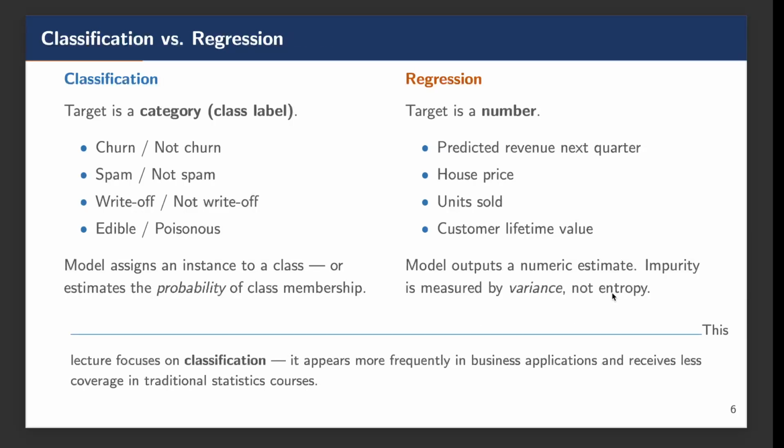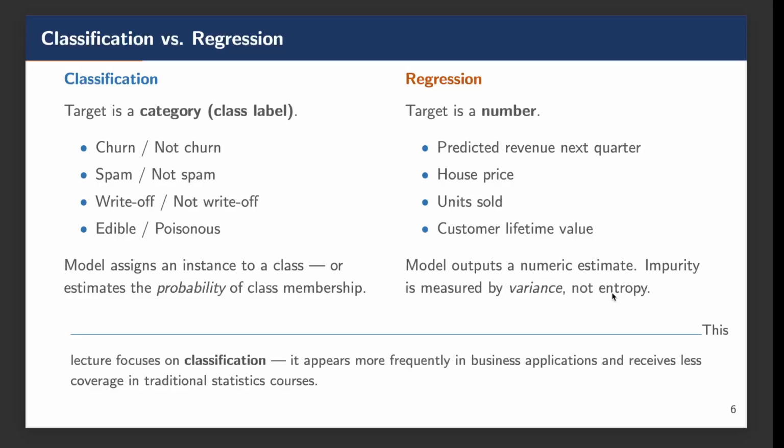And next we look at the difference between classification versus regression. In classification, the target is a category or a class label, like churn, not churn, spam, not spam, edible, poisonous, yes and no. So the model assigns an instance to a class.